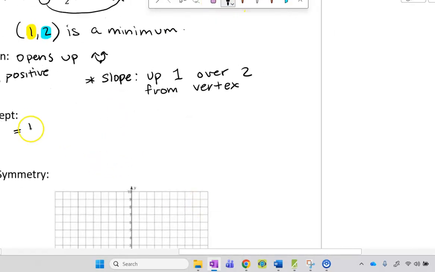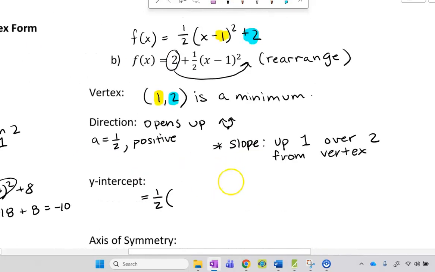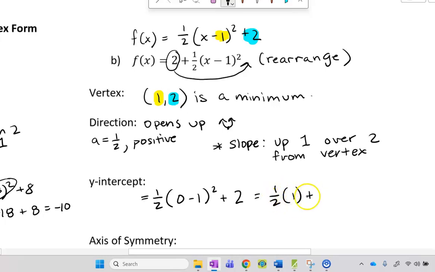So I should get 1/2 times, using this top equation that I've already rearranged, 0 minus 1 squared plus 2, which is 1/2 times -1 squared, which is 1, plus 2. This is 1/2 plus 2, which is 2.5. So my y-intercept: I plugged in a 0 for x, I got a 2.5 out for y.